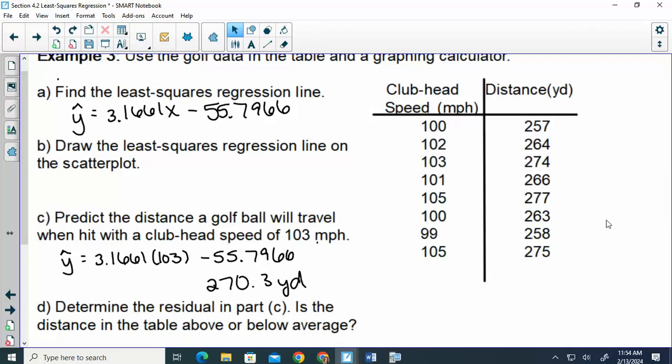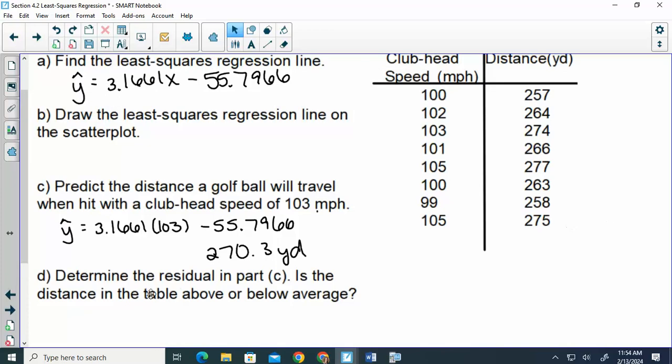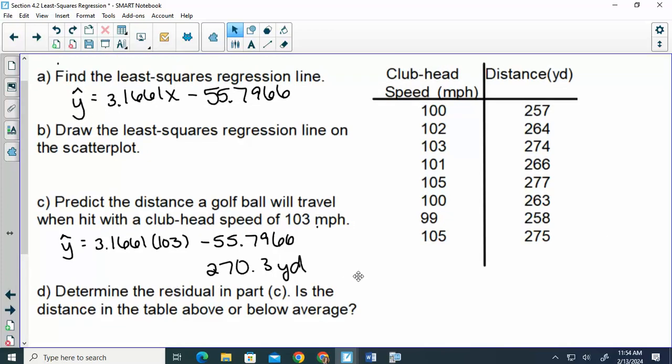Okay, next to last, find the residual. So how do we find the residual? Observed minus predicted. Our observed is the real value.